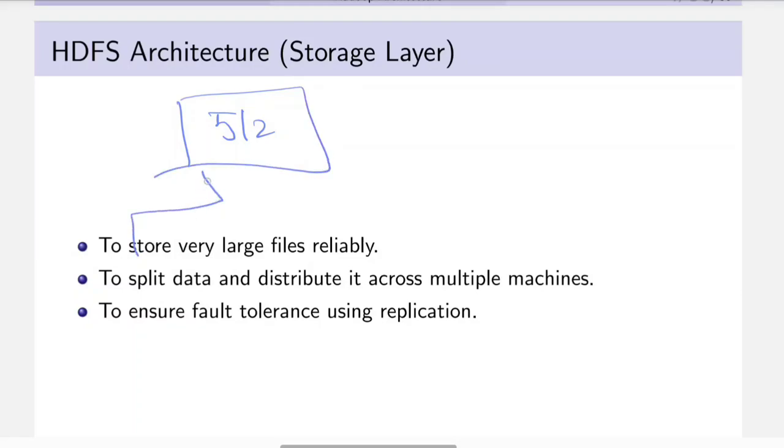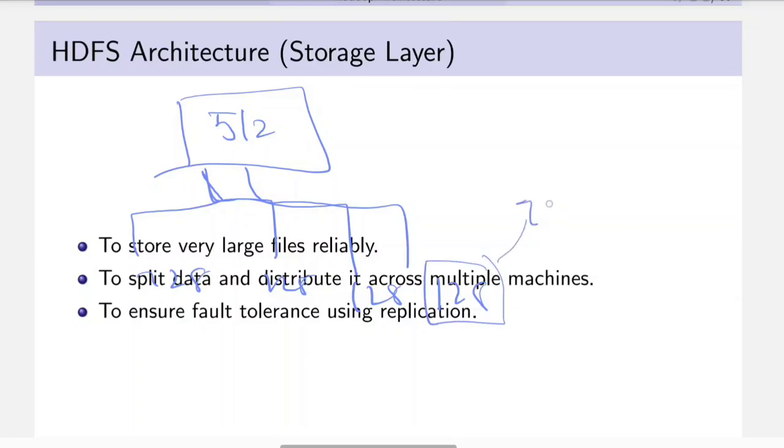I will split it into four equal blocks of 128, 128, 128, 128. Copies are created. Even for this 128, one more copy will be there. If some system fails, I can get the copy. So a university is storing 10 years of exam results safely using Hadoop architecture.